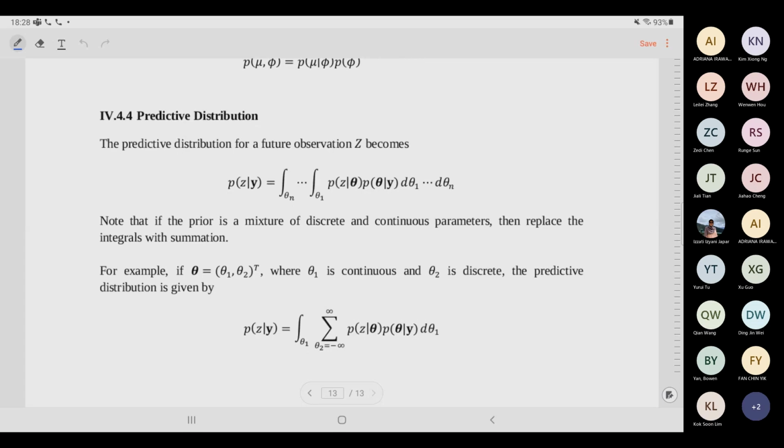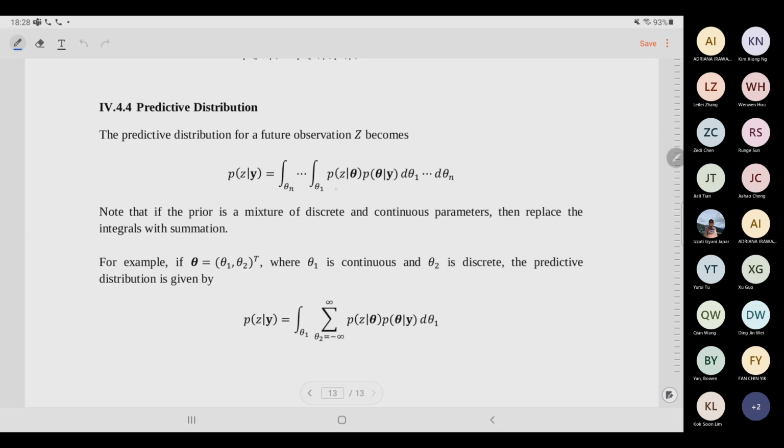So for the future observation z given your data y, you have to find the distribution, which is the likelihood of z multiplied by the posterior of theta, and then integrate out all your parameters theta 1 to theta n.